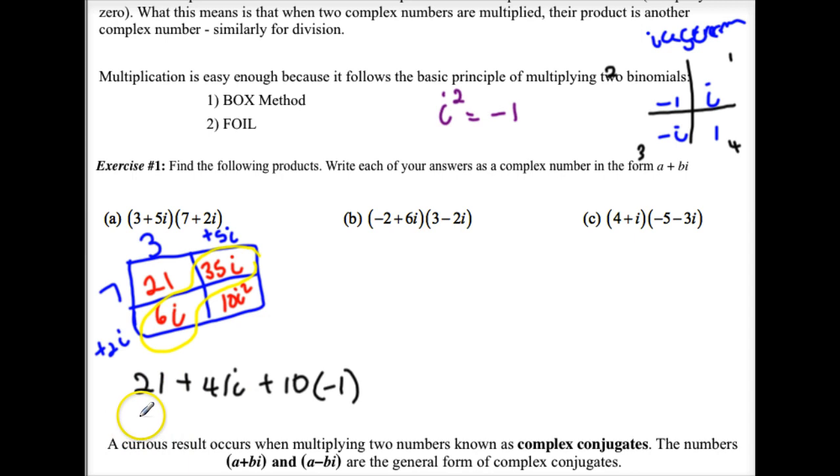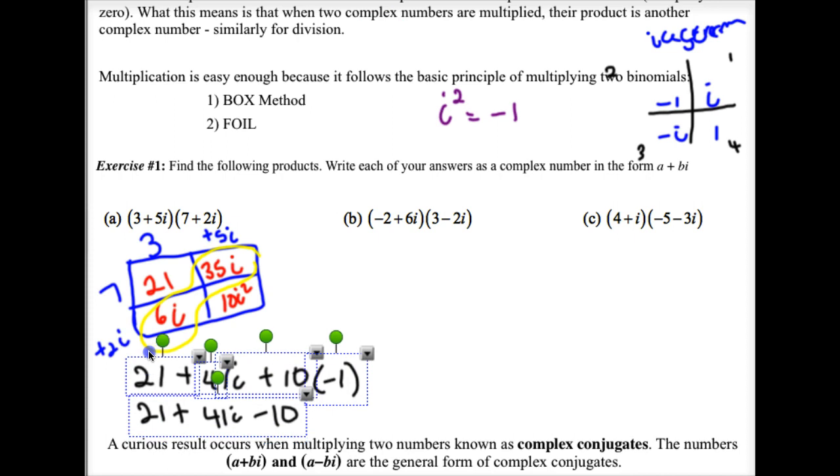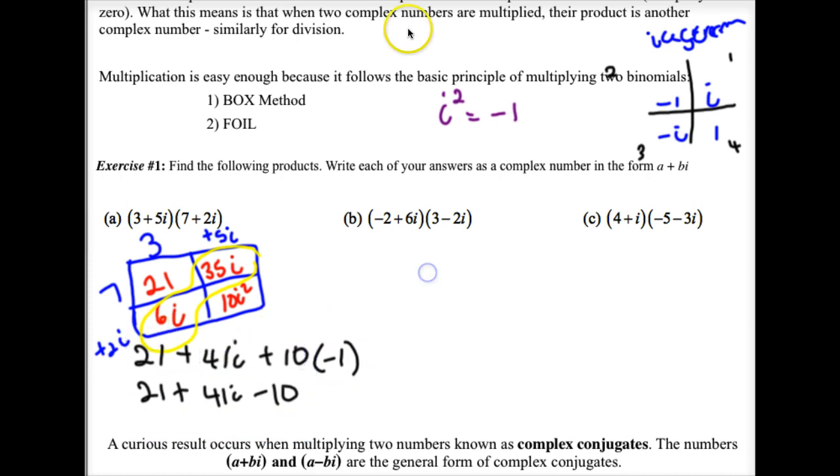This can be simplified as 21 plus 41i minus 10. And then I want to simplify this, so let's just move this up a little bit so I can have some space. And let's combine our like terms.